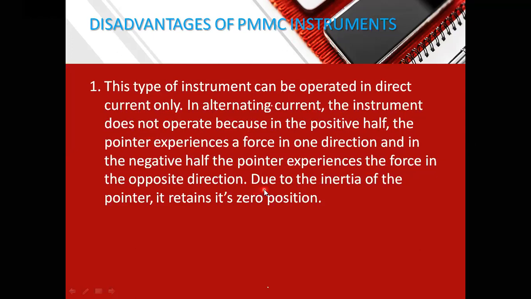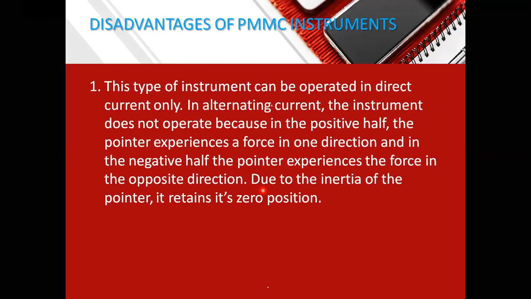Let us see the alternating current of 50 hertz. 50 hertz means 50 cycles per second, which means 1 by 50 second is the time period of one cycle, which is around 0.02 second.